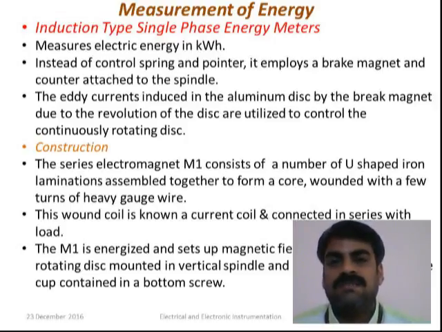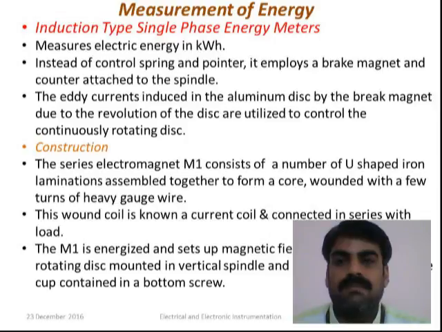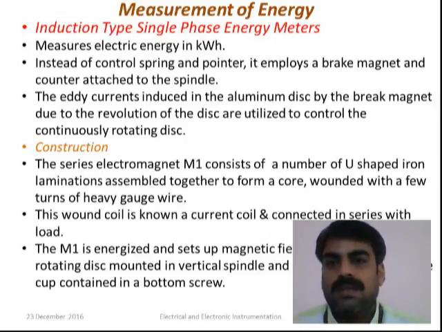What are the basic differences between this energy meter and other analog type meters? Here in the energy meter, there is no control spring and no pointer. So we get to know how much energy is recorded from the indicator, not from a pointer position. And here we employ a brake magnet to control the movement of the disc.